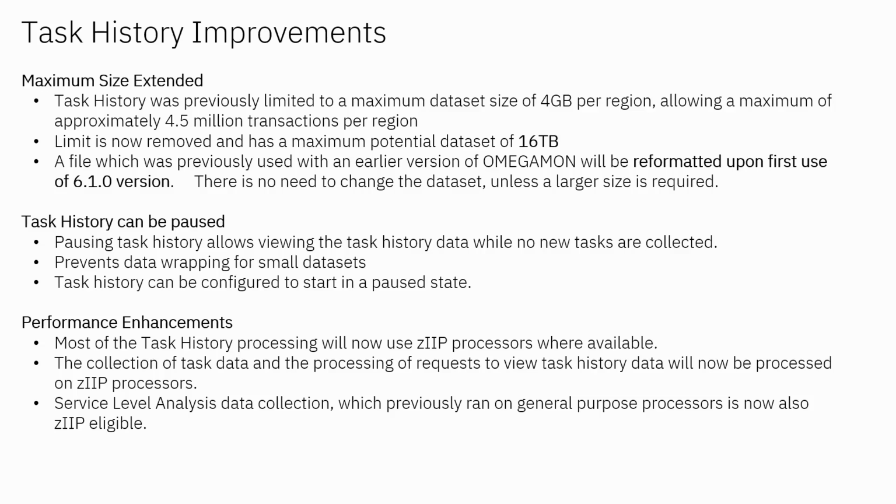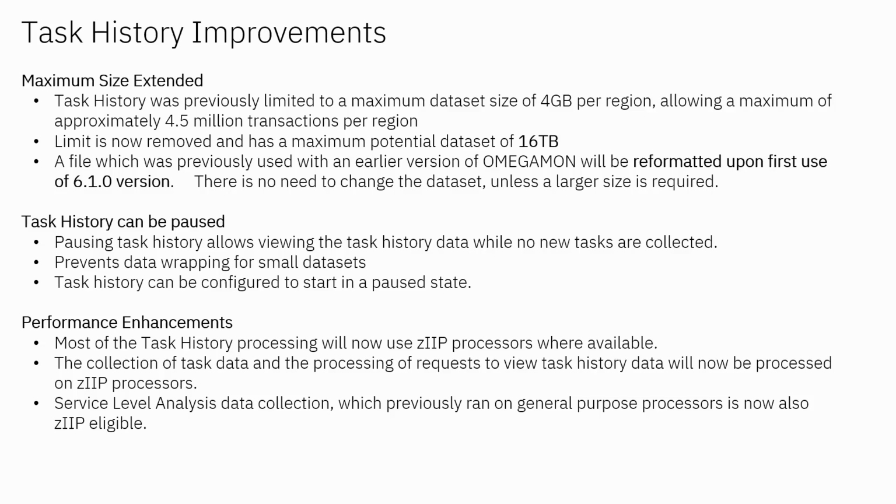There have been major performance enhancements, I should say, and processing task history is one of the high consumers of CPU. So we've moved much of that over to zIIP processing. We've had client feedback, and in fact, we've tested this within our own customer development environment, and the results have been fantastic.